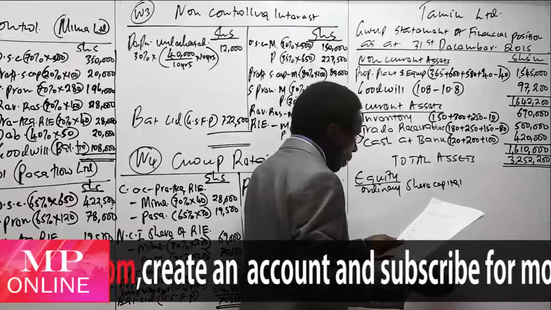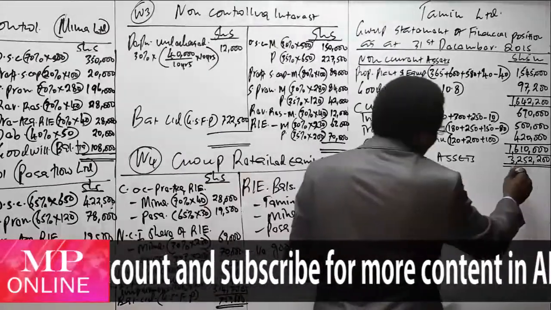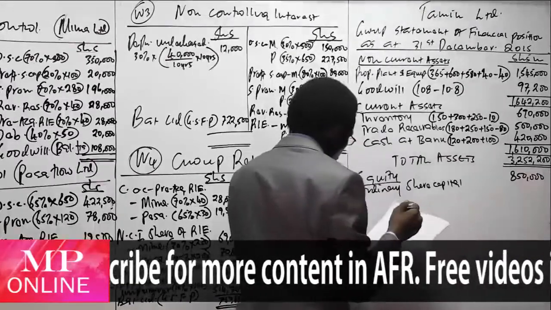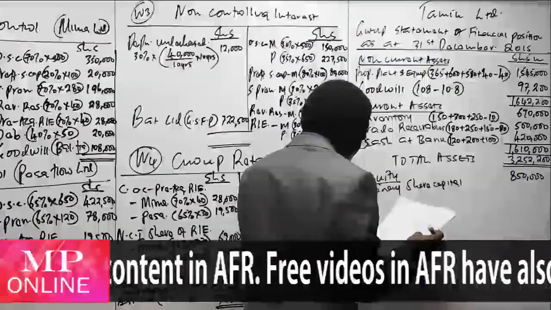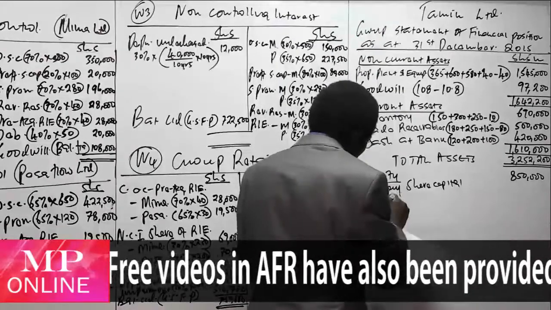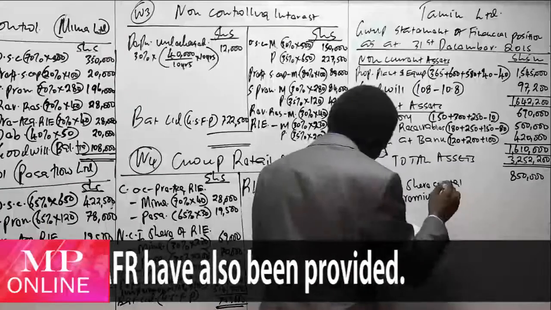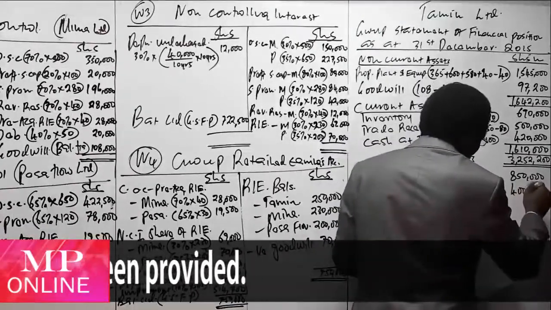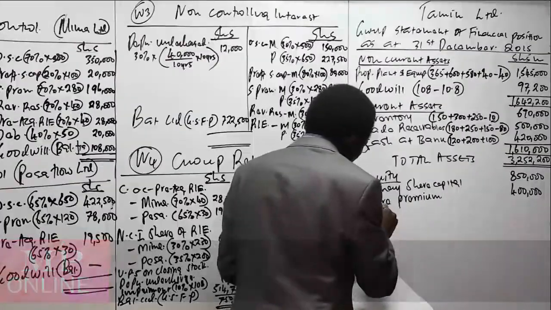The one for the holding company, the holding company has not issued any shares so far, 850,000. The 10% preference share capital is no longer there. Share premium, we have 400.